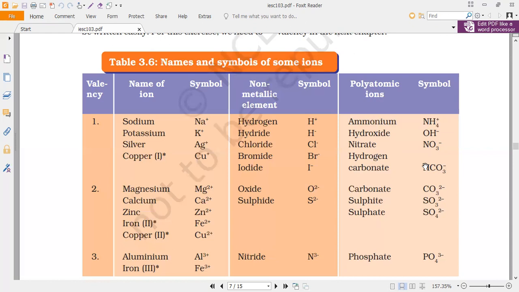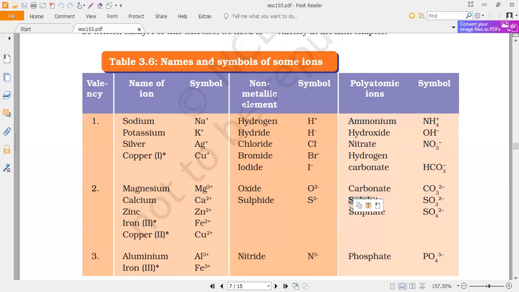So now ammonium sulfate. Ammonium is here, NH4 plus. Sulfate is here, SO4 2 minus. This is what ions now. So write it. So what will I write now? Cation. Who is the cation? You should tell me.